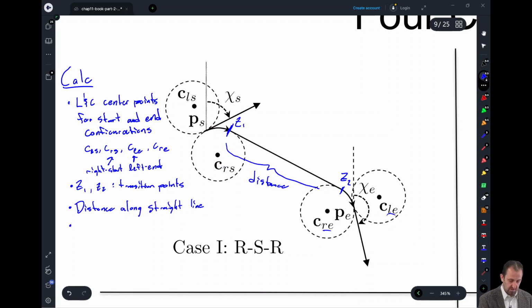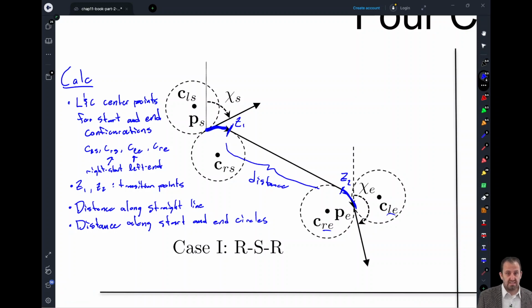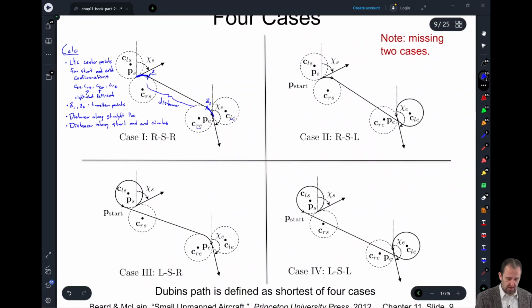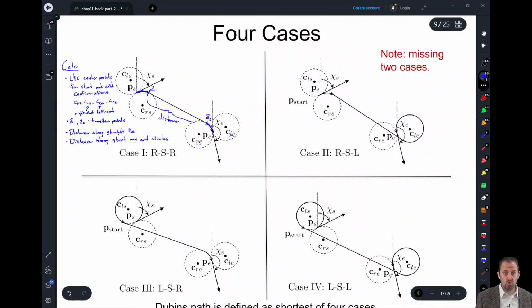Similarly, we're going to have to calculate the distance that we're staying on the circle, so the distance along start and end circles. Just as a review, we're going to calculate the distance for each one of these four possibilities. We're going to calculate the path length and then choose the path that's the shortest. So that's how we do our Dubins paths.